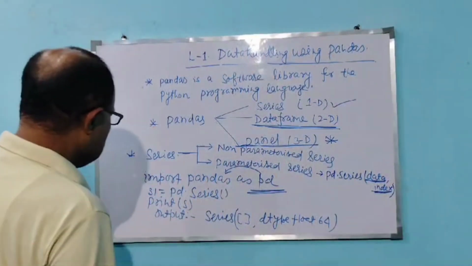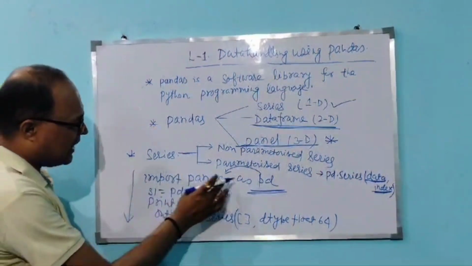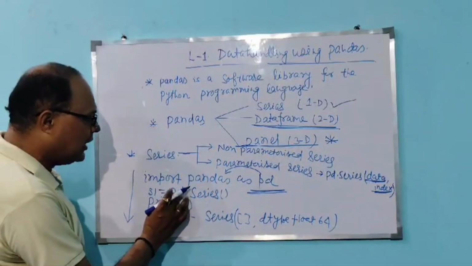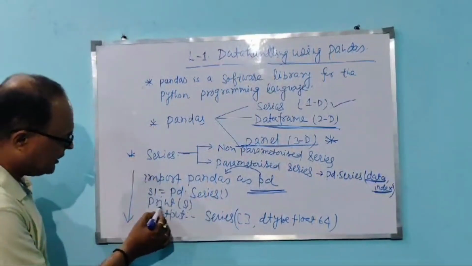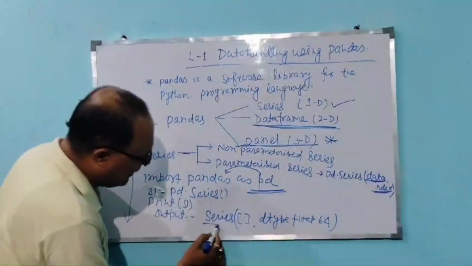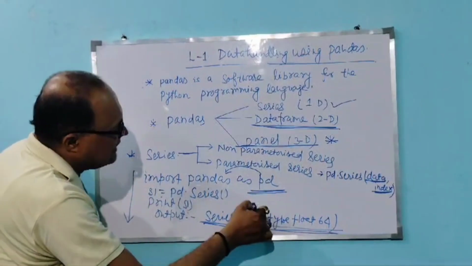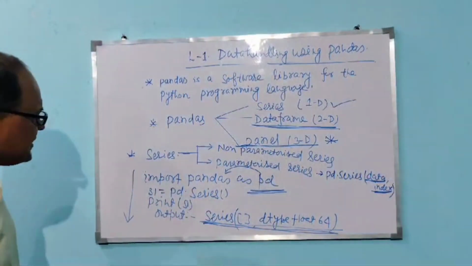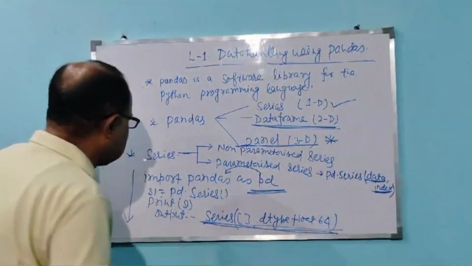Okay, clear? First, import pandas as pd. s1 = pd.Series(), then print s1. Whenever you write print s1, it will print an empty series as output.